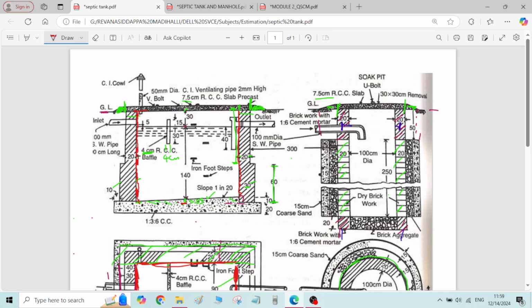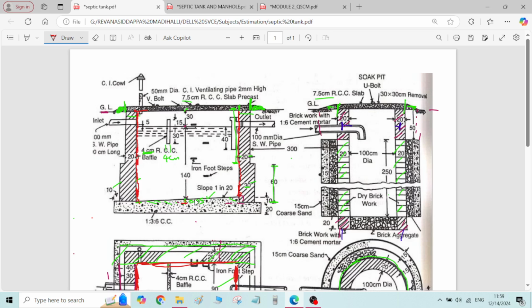So here we are taking average height. On one side height is higher, on the other side height is lower. So we will take the average height for the plastering. Understanding? On one side height is more, on the other side height is less, height of the plastering. So you take the average height.